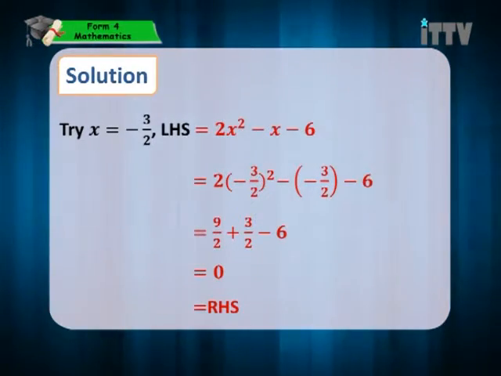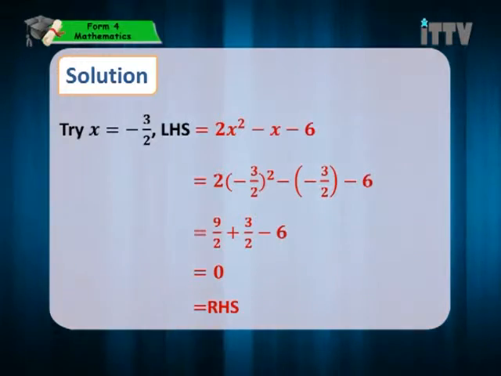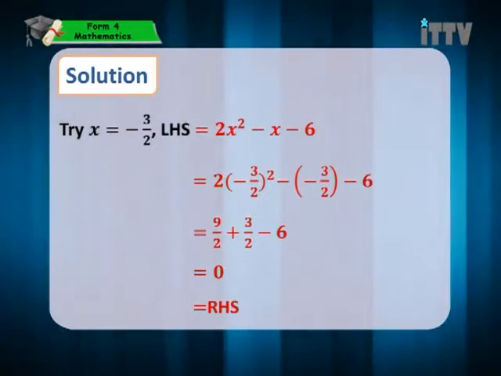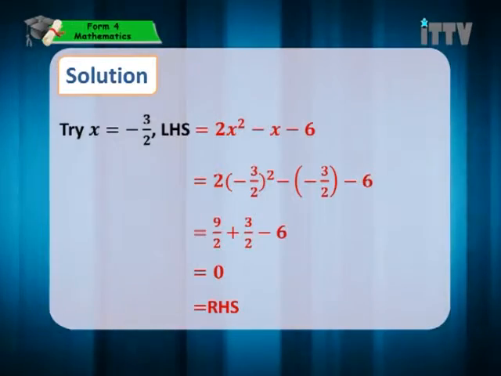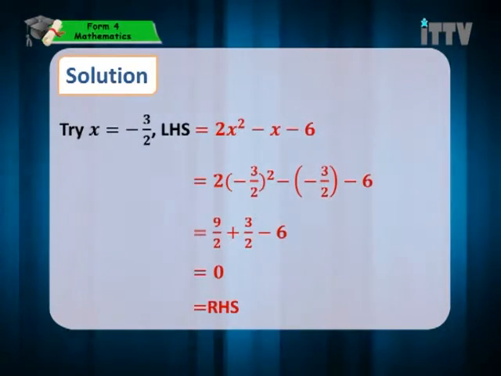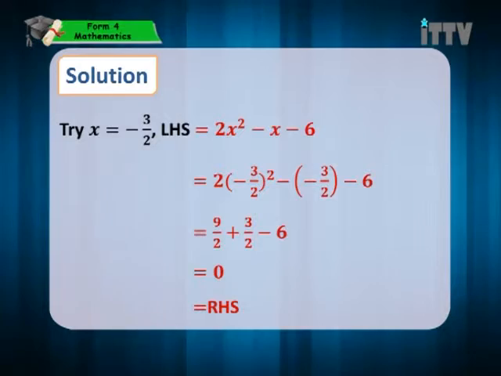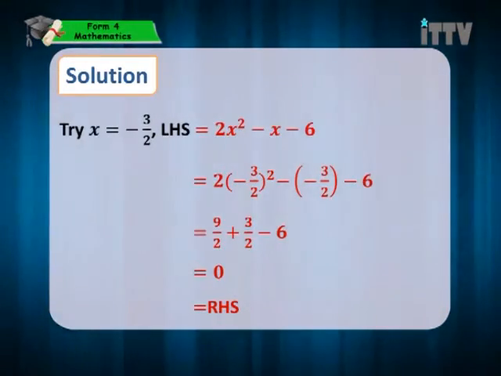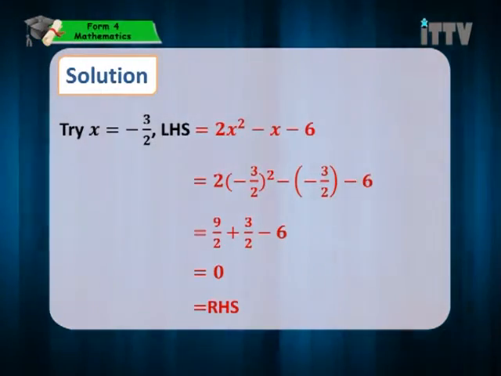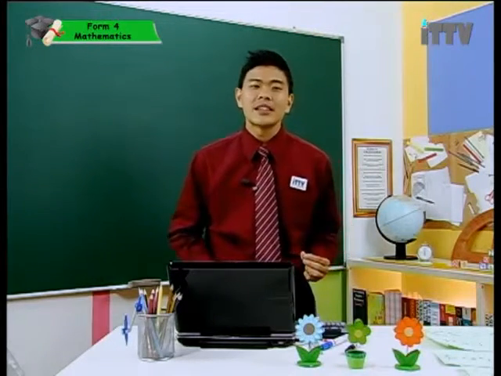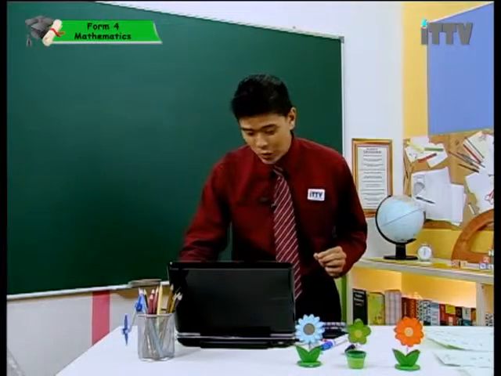So you should get 2 times negative 3 over 2 squared minus negative 3 over 2 minus 6. You will get 9 over 2 plus 3 over 2 minus 6, and the value using your calculator is 0. So the right hand side of the equation is 0, and when we substitute, both sides are the same. The left hand side equals the right hand side, therefore x equals minus 3 over 2 is a root of this quadratic equation.